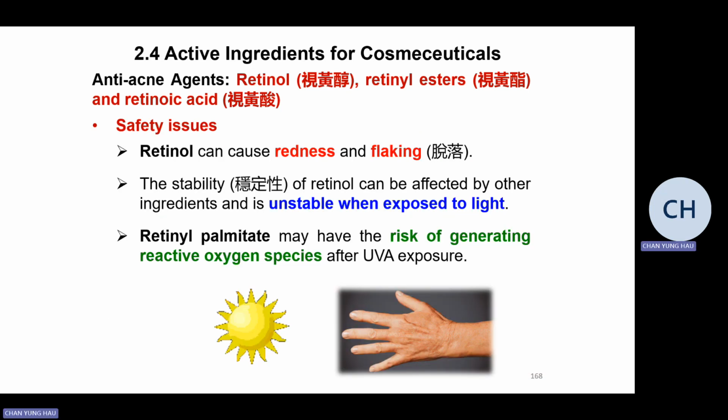For safety issues, retinoid can cause redness, and the stability of retinol can be affected by other ingredients and is very unstable when exposed to sunlight or UV. Retinol palmitate may have the risk of generating ROS, the free radicals, after UVA exposure, and that will speed up the aging process.